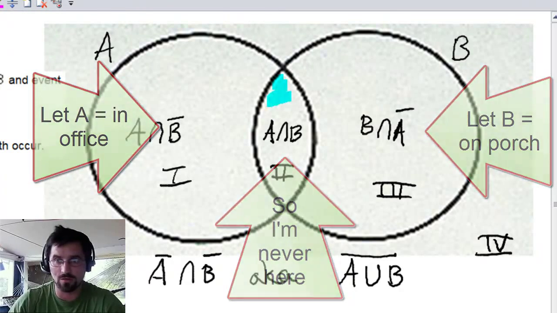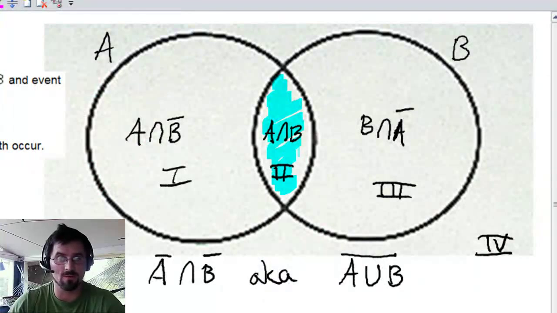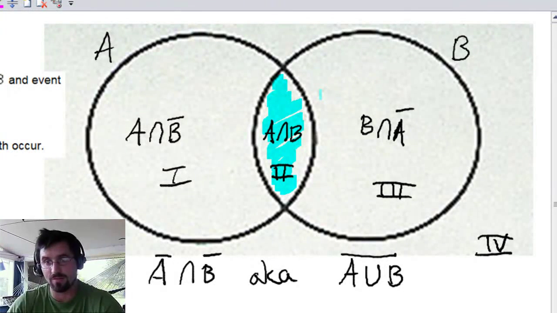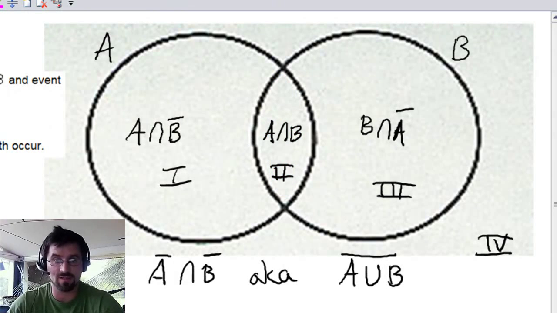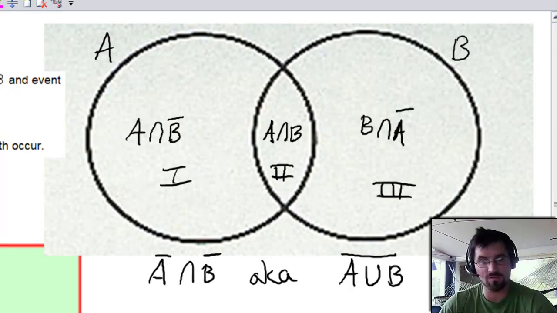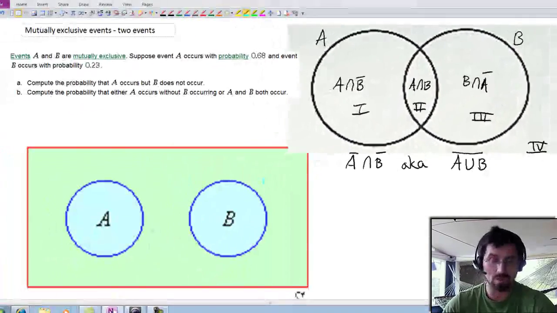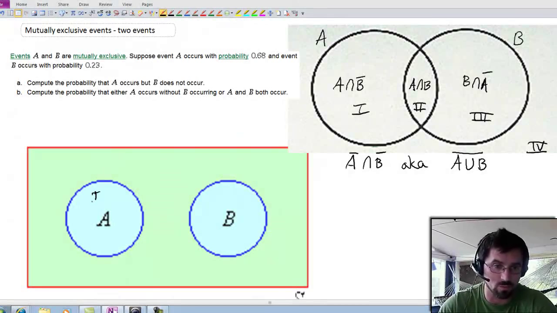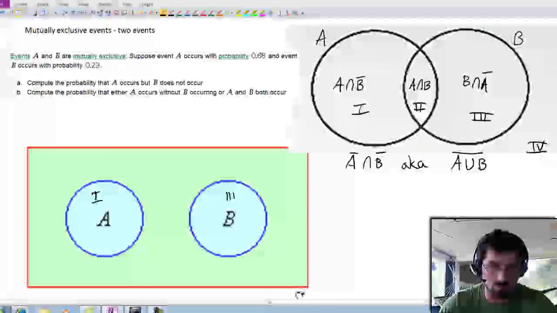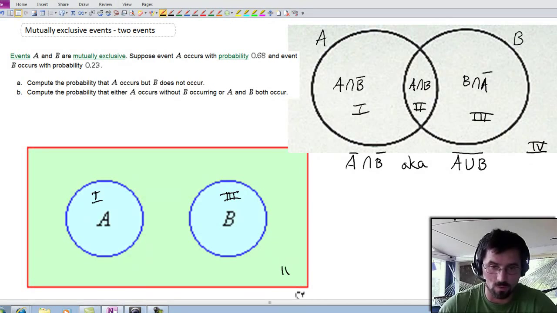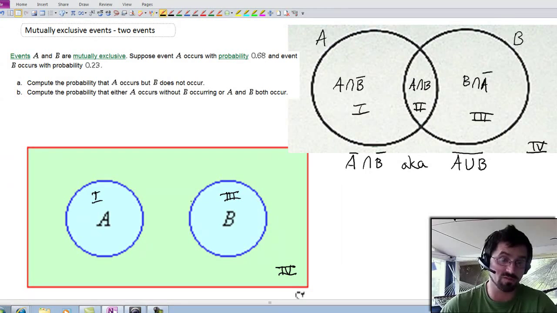This region is empty for mutually exclusive events, which is why sometimes rather than use a four region Venn diagram as we typically do, we use for mutually exclusive this two region Venn diagram. Now I'm still going to call this region 1, region 3, and region 4 with the understanding that region 2 is empty and therefore we don't see it at all.